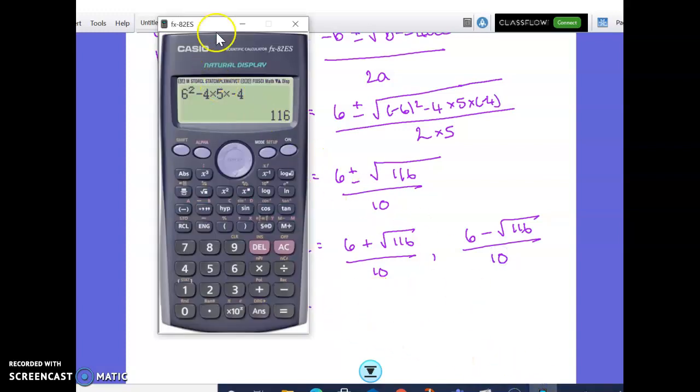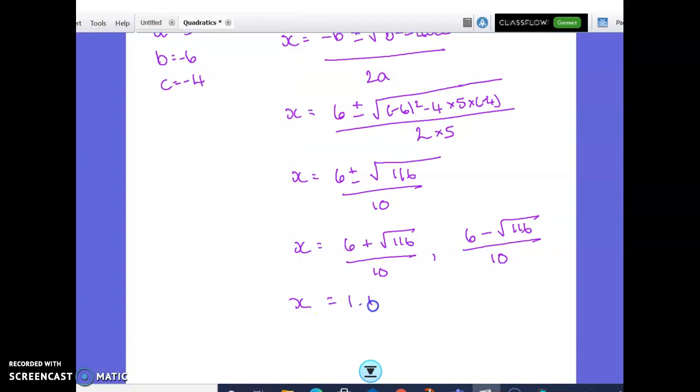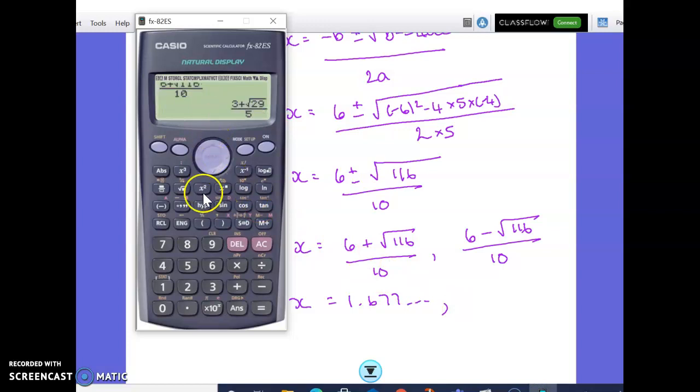I've got 30 seconds to finish this before my time runs out. 6 plus root 116 over 10 is 1.677 and so on. Let's hope we press the right button this time. No, I keep doing that wrong. 6 minus root 116 over 10.